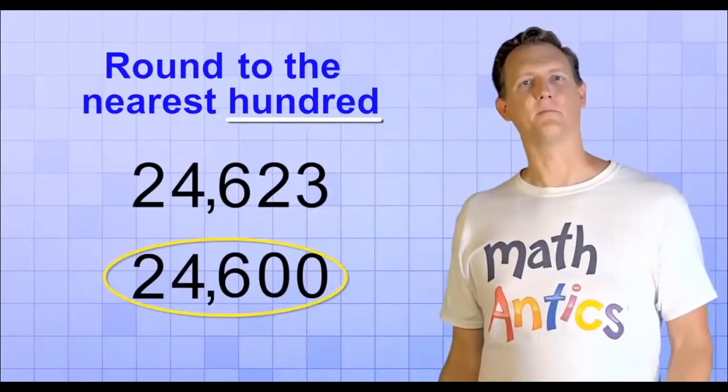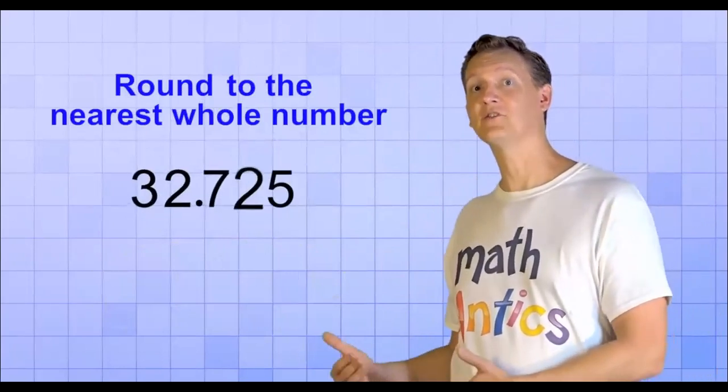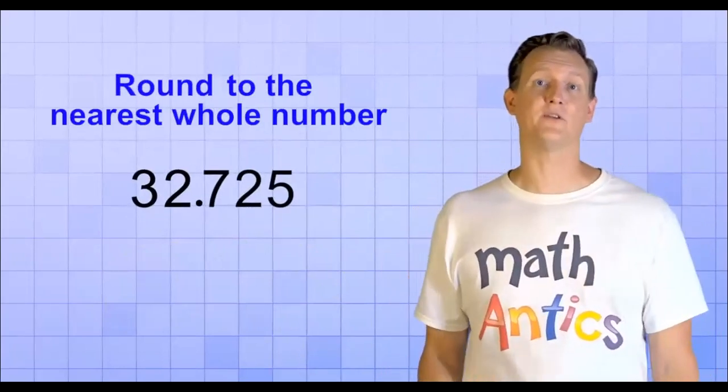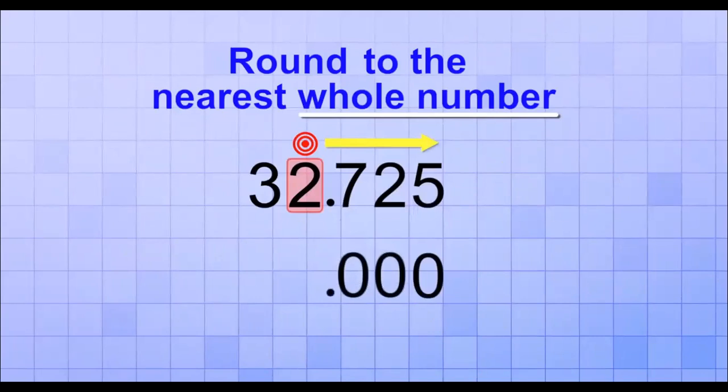Let's try another problem. This one has some decimal digits, 32.725, and we're asked to round it to the nearest whole number. That means our target digit is in the ones place. We need to round it to the nearest 1. So any digits to the right of the ones place will just be replaced with zeros in the rounded version. Now, to decide what to do with the target digit, we look at the next digit to the right.